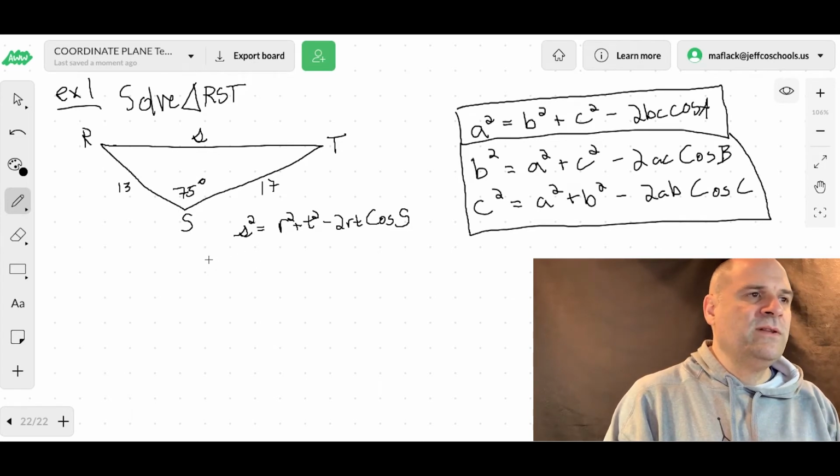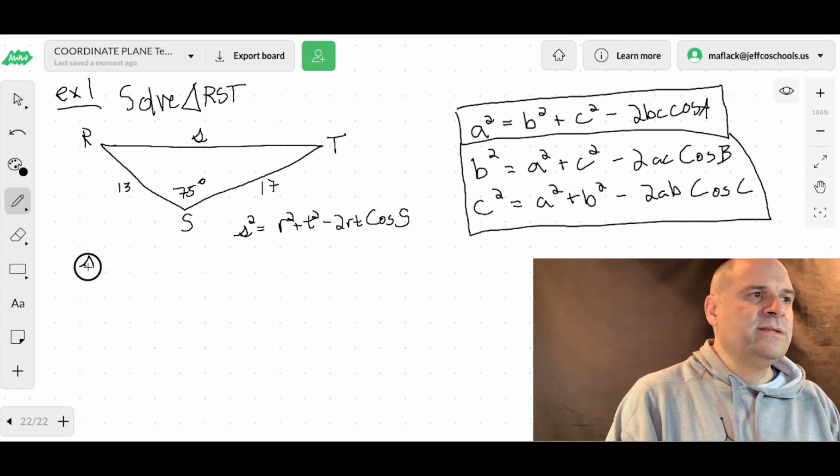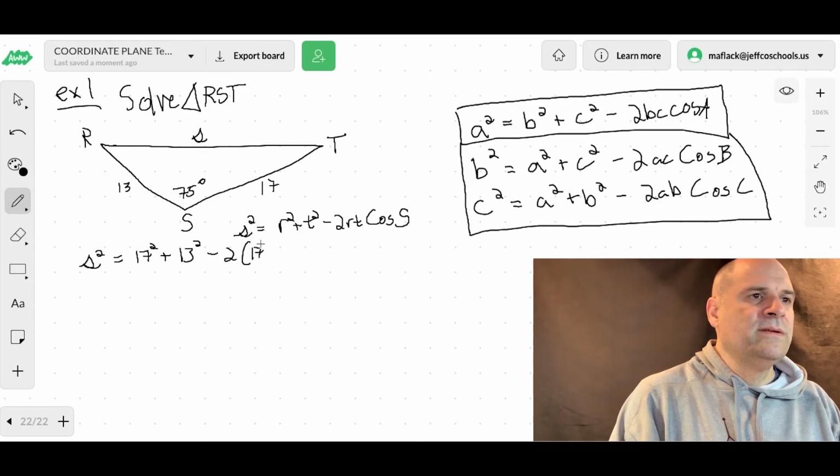So let's fill in the blanks here. s we still don't know. s squared equals r squared, which is 17 squared, plus t squared, which is 13 squared, minus 2rt, so r is 17, t is 13, times the cosine of S, which is 75 degrees.